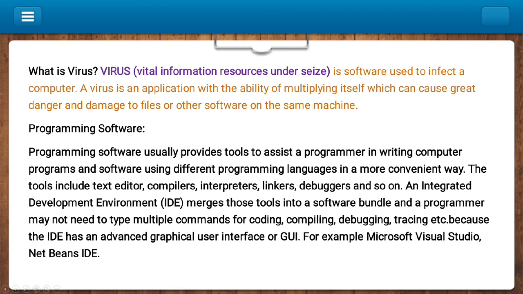So they created system software programs and application software programs. Similarly, humans created the virus. It's just a set of programs with different types of capability of harming the computer system.